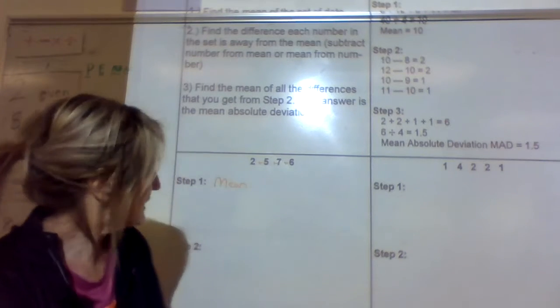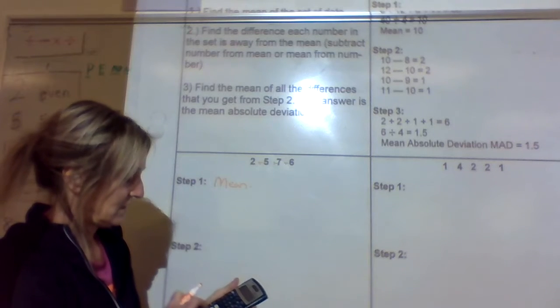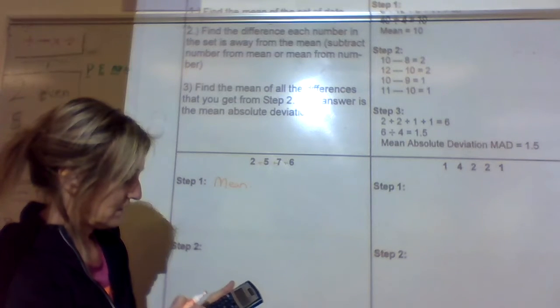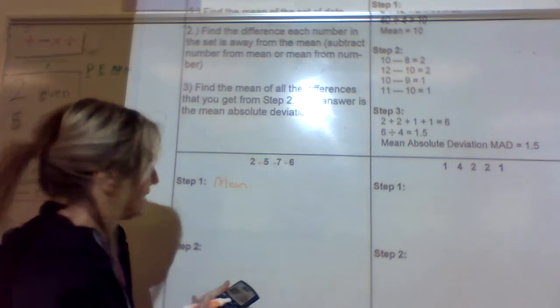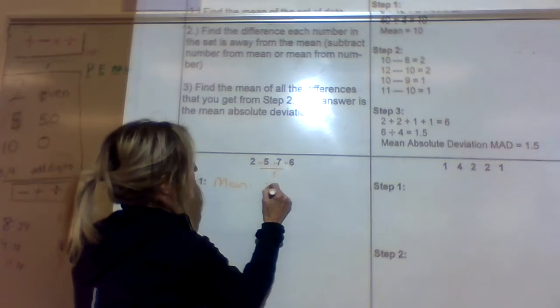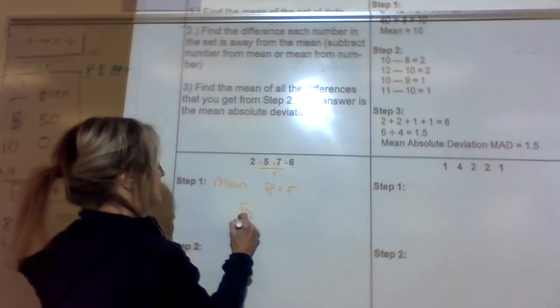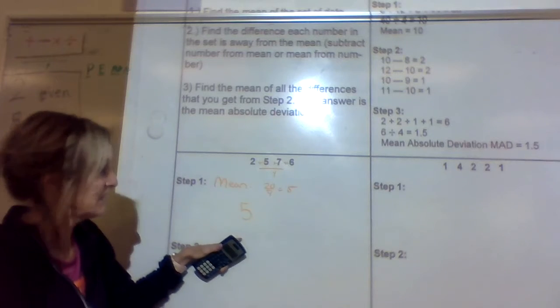We'll just do it with the calculator. 7 plus 7 is 14, plus 6. When we add these all together, we get 20, divided by 4, so our mean is 5. So that is our first step. We found our mean is 5.